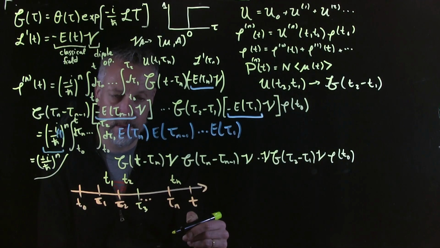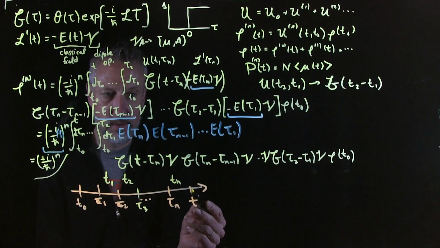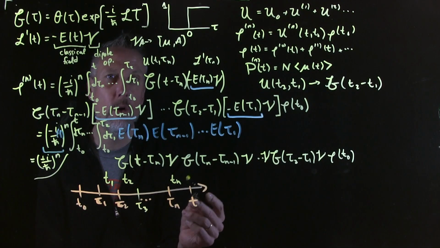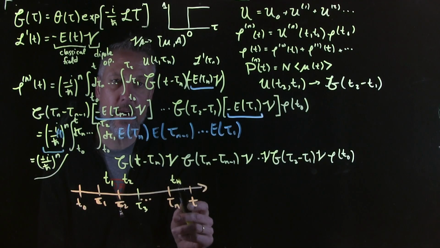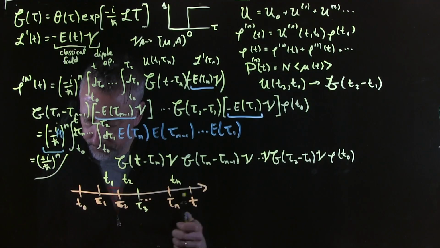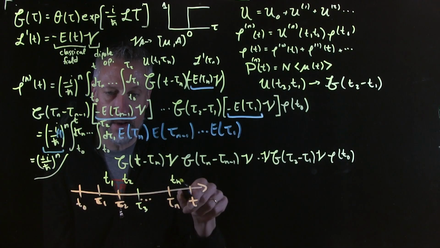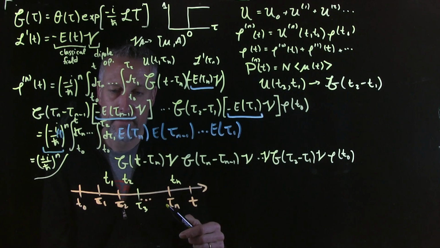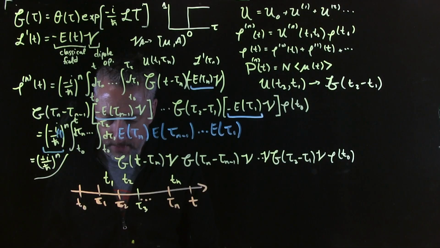These are all positive numbers. We always know that t is greater than tau n because of the time ordering of the exponential operator. They can never switch orders. So we end up with these n chunks of time. We have one extra chunk left over, but we can worry about that later.